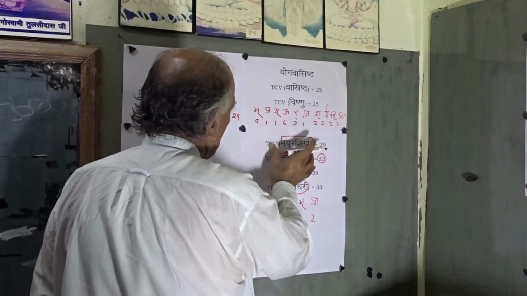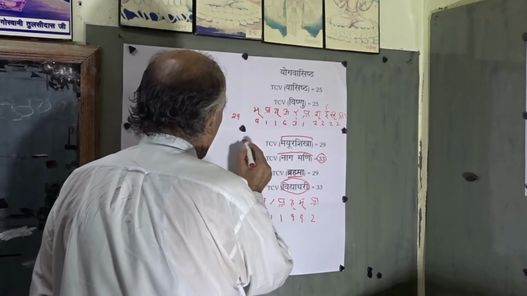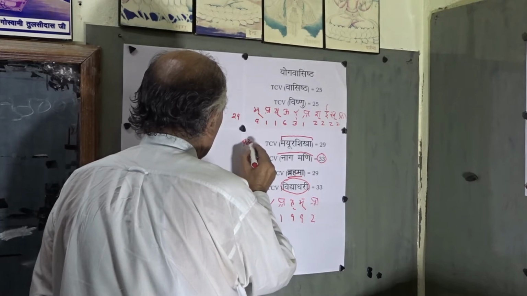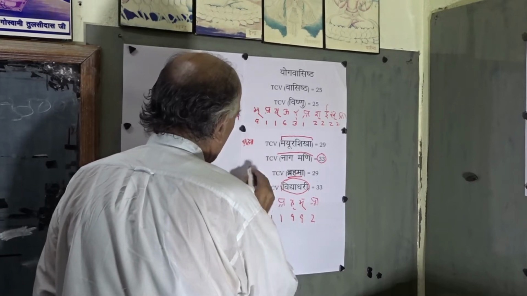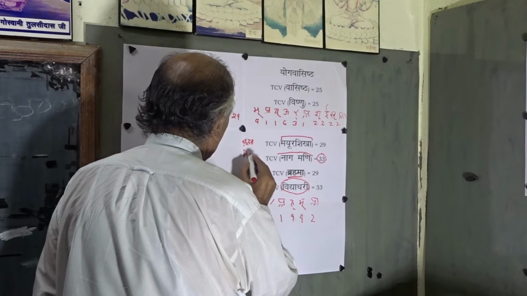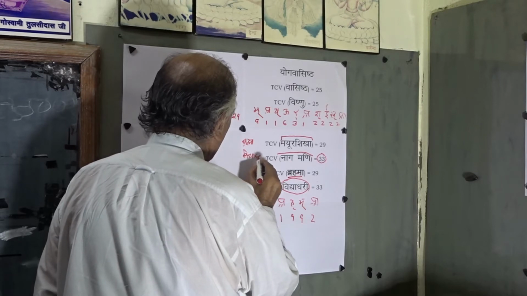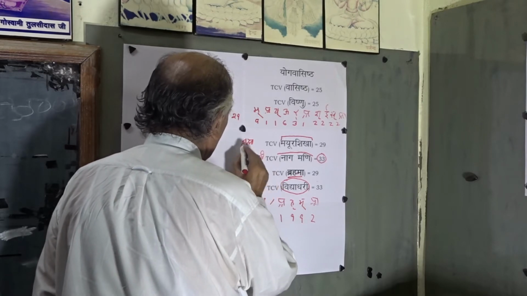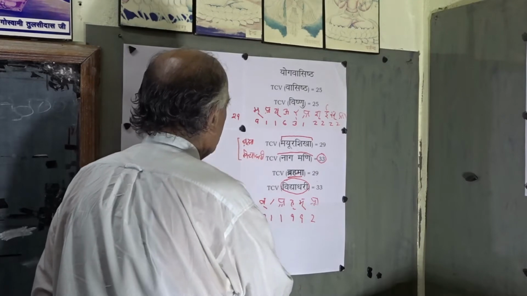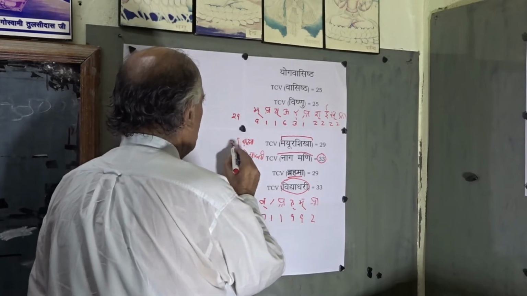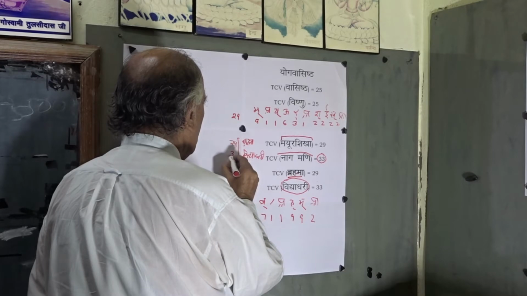How are this Mayur Shikha and Brahma, Nagmani and Vidyadhari leading to the parallel placement values of 29 and 33 respectively?